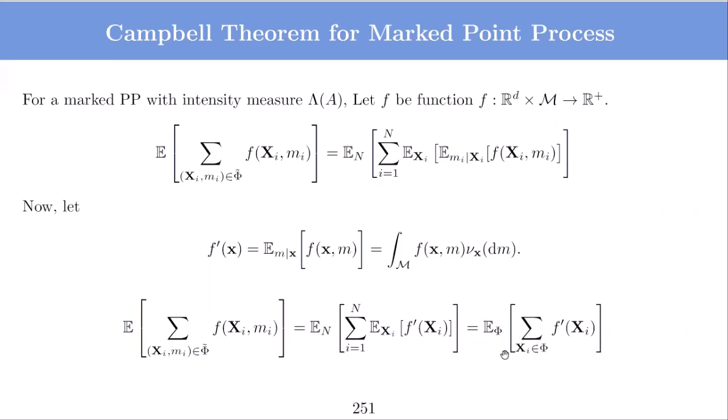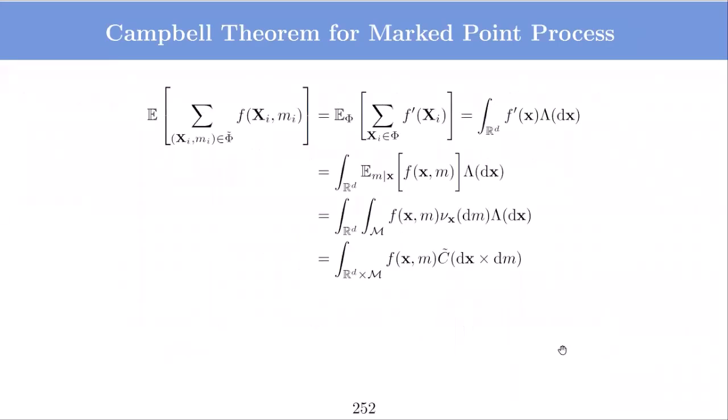Here I can again apply Campbell theorem, because this is just a summation of a function of xi. Once I apply Campbell theorem, this will be the integral of f prime of x lambda dx. Now I will put back the f prime value. It is the expectation of f(x, m) given x, and then the rest is lambda dx. This is a valid answer if I know the expectation with respect to the mark given x, and I can just integrate with respect to lambda dx.